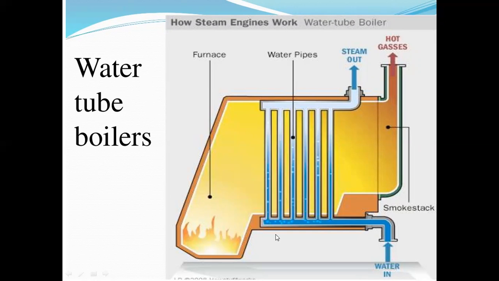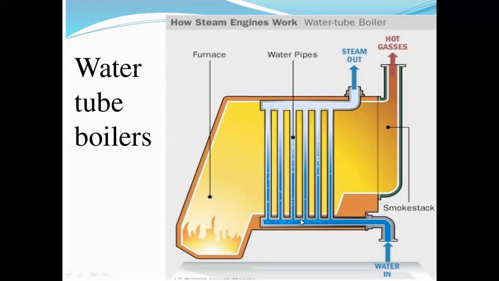Within the boiler drum we have the water tubes. Here is the smokestack, that is, the chimney, which allows the hot gases to go to the chimney. Here we are supplying the water to the tubes.